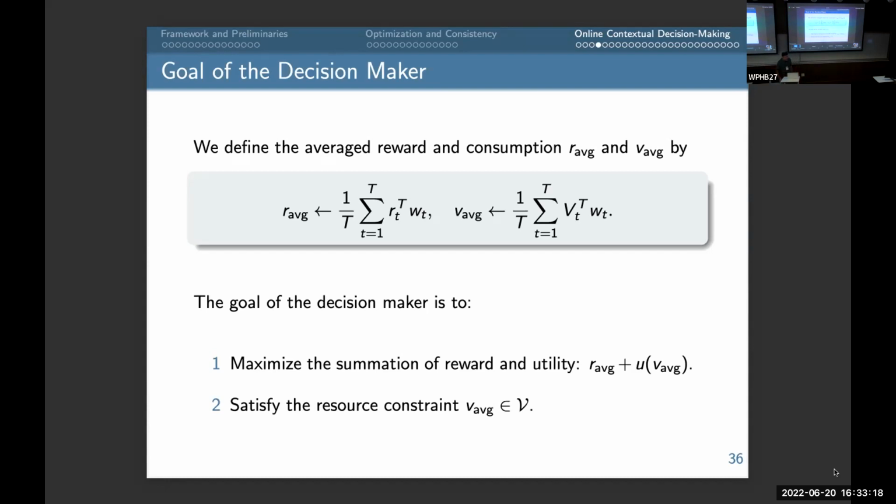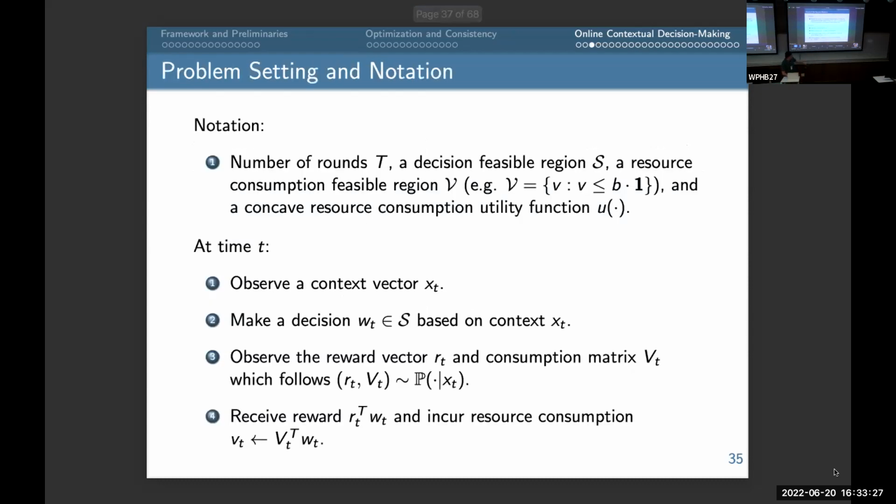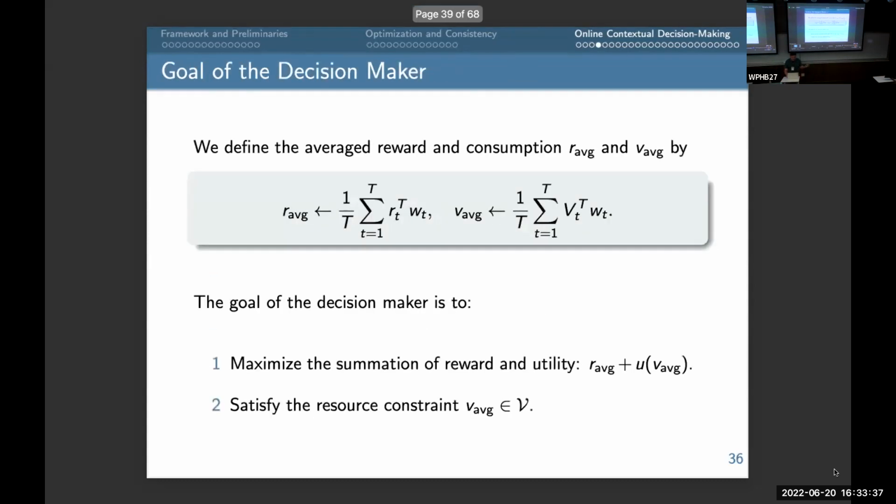At the same time, in addition to this utility function, you also have a hard constraint, which says that the resource consumption must remain in this set script V. You can think, if you like, that the set script V is just the usual budget constraints, so it's the set of V less than or equal to some budget vector B. In which case, this hard constraint is enforcing that you don't go over the budget constraints. But when is it enforced?